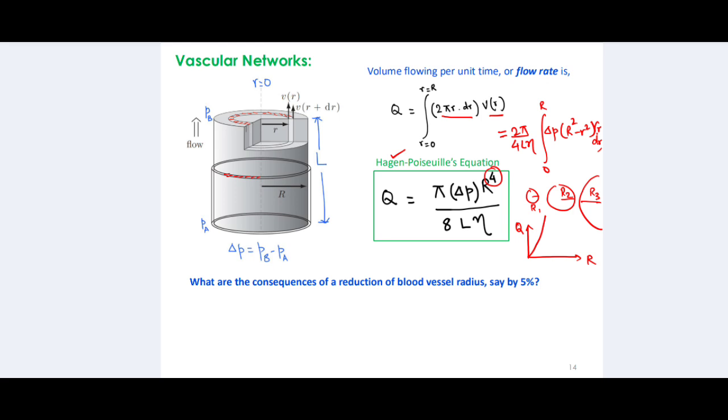So one thing you are right is, say I'm considering different arteries, small, big, very big. Okay? So R1, R2, R3, so on and so forth. So if I were to plot Q as a function of R, it's going to steep up very much.